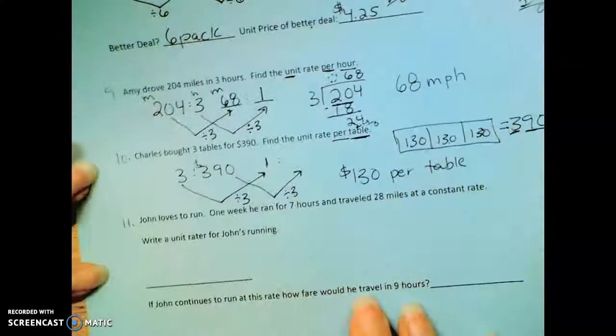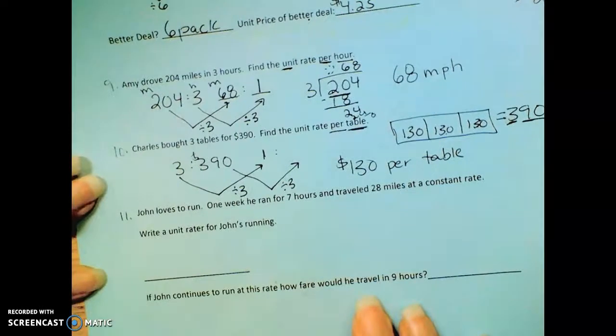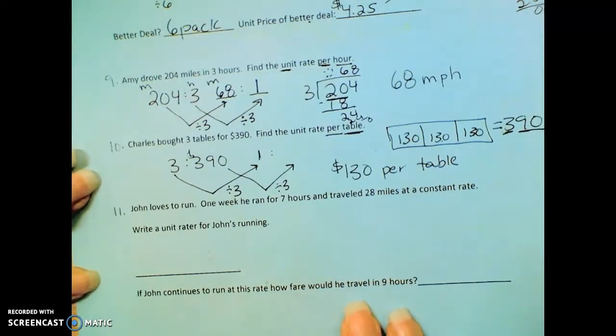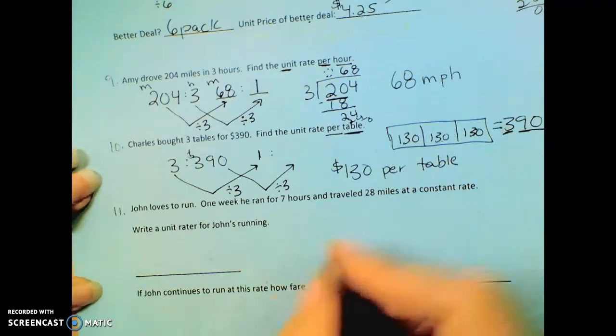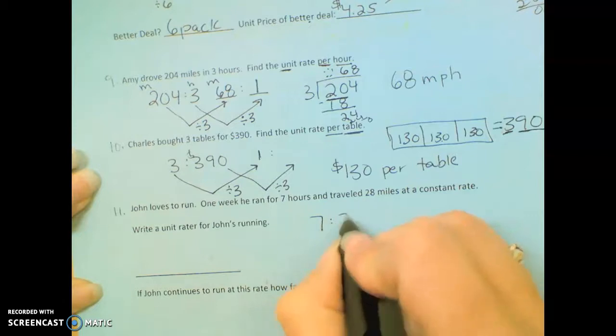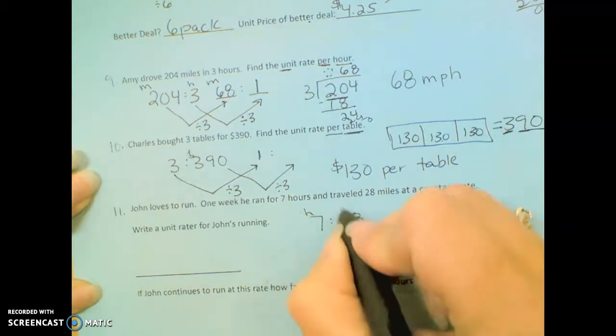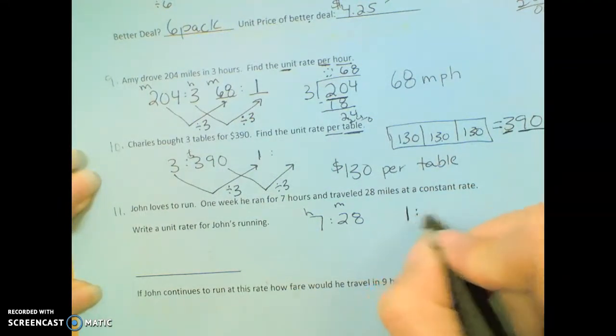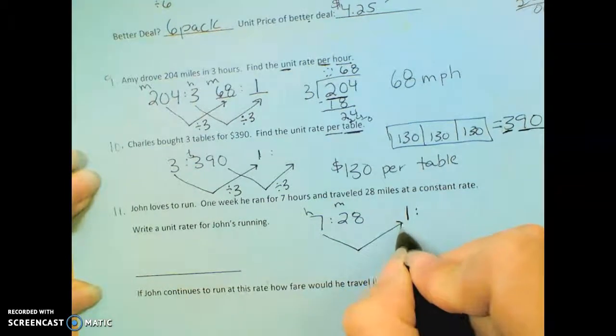Number 11, John loves to run. One week he ran for 7 hours and traveled 28 miles at a constant rate. Write a unit rate for John's running. So 7 hours, 28 miles. If I want to know how much he ran per hour, what did I do to 7 to get to 1?